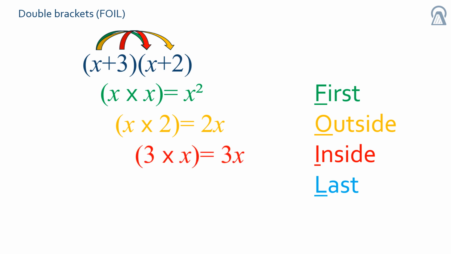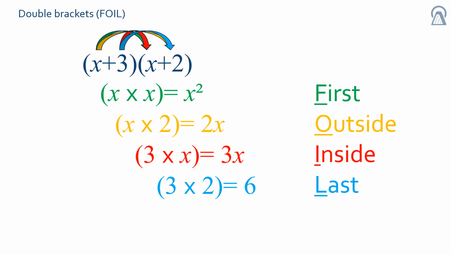Thirdly, we're going to multiply the inside terms. So that's the 3 from the first bracket multiplied by the x from the second bracket to give us 3x. And our last part for multiplying out the bracket is to multiply the two last terms. So that's the 3 from the first bracket multiplied by the 2 from the second bracket to give us 6.